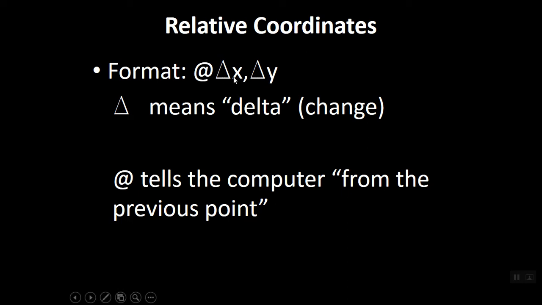See this little triangle? It's called delta. So we're saying delta x comma delta y. And for AutoCAD to understand we're using these relative coordinates, we're going to put the at sign in front of the coordinate change. So at is the character. If you hold down the shift, it's on the number 2, right? That means go from my last point, and then from that last point, what is the change in x and what is the change in y?